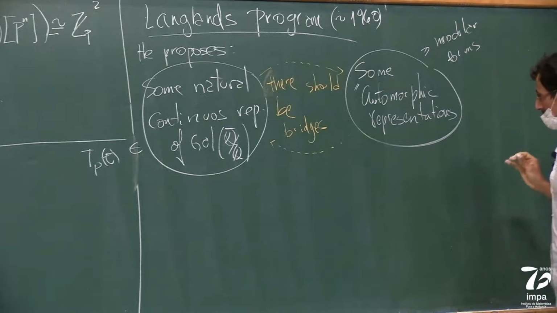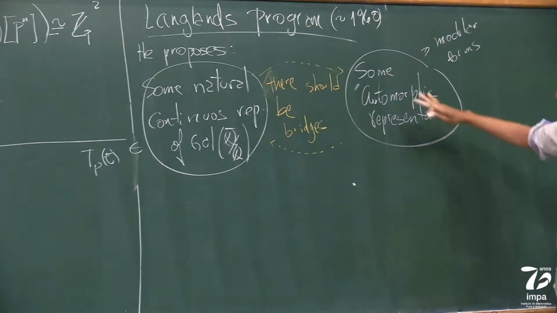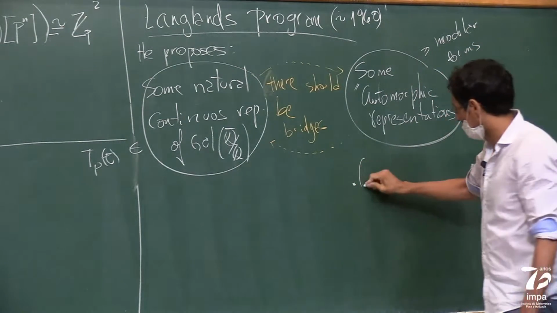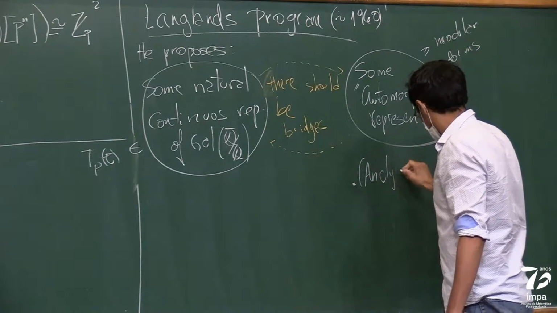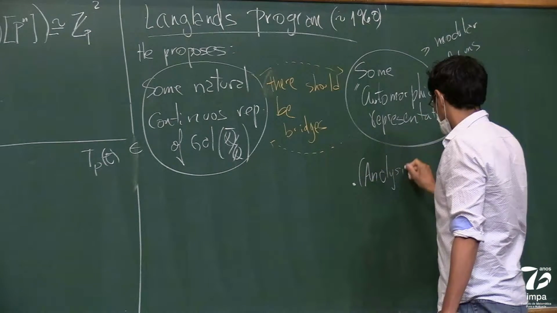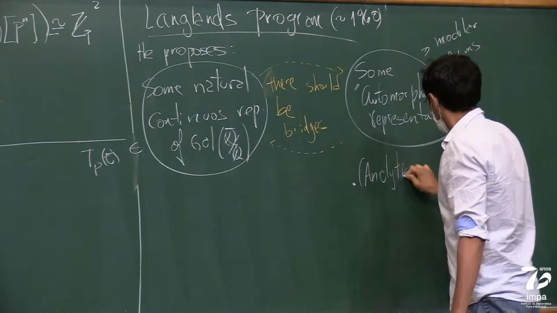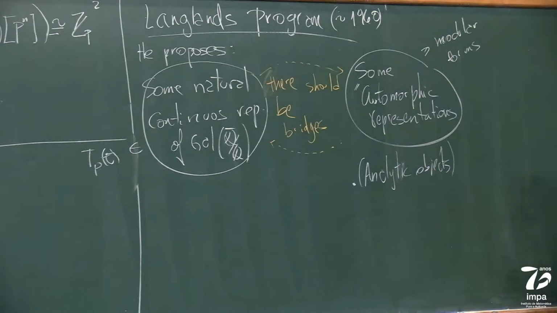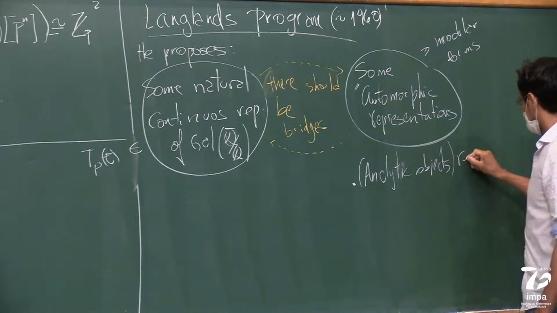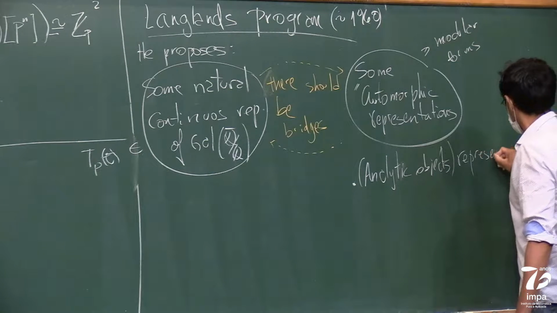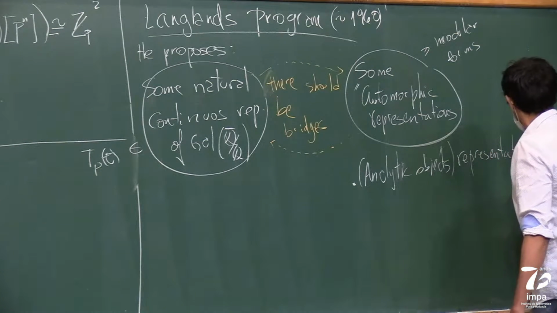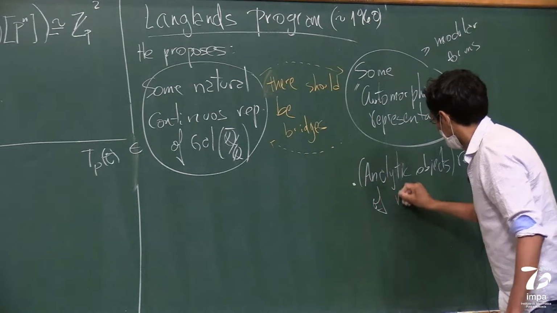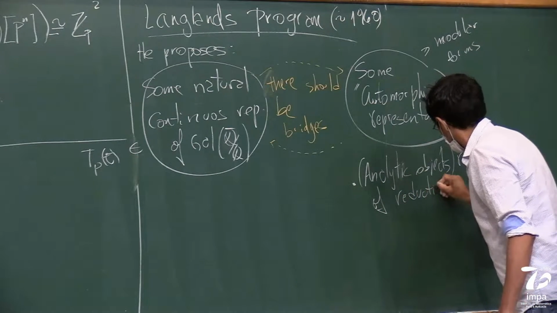So this object here appears in analysis, and more analytic objects. They are in fact the representations of some reductive groups.